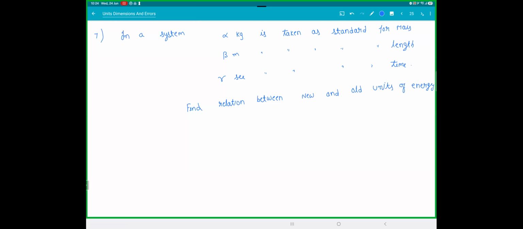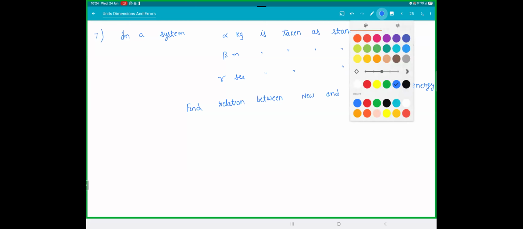Let's finish off. Last one for the day. With that, we'll be done with units and dimensions. So next class, we will do significant figures and errors. Significant figures will be interesting. You will see new math. And there was a question which came in JEE once.